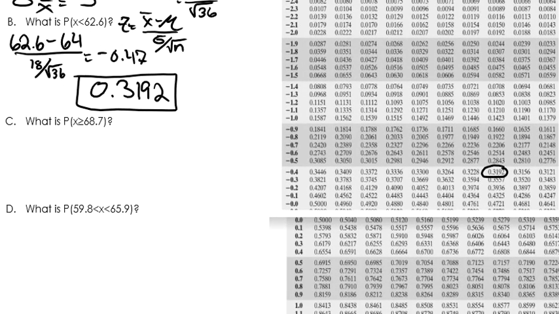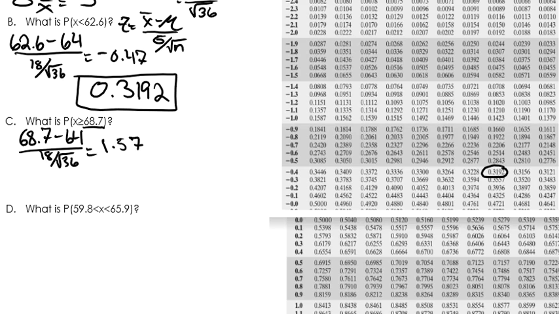Now part C is saying, what is the probability that x is greater than 68.7? So just like last time, we're first going to turn this into a z-score. So let's plug it into our formula. And we get a z-score of 1.57.